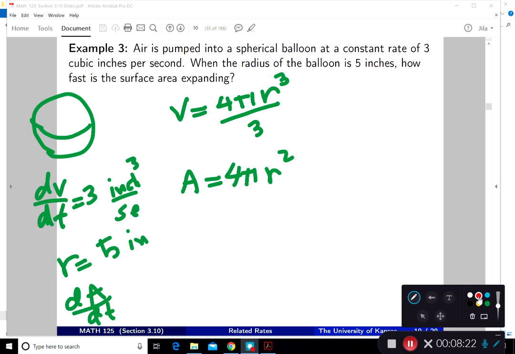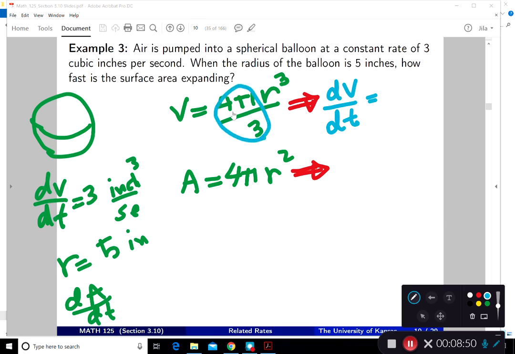Now, how do I use this piece of information? Let's try to take the derivative, the implicit differentiation of both. First one is giving me the derivative of V with respect to t is equal to, here, 4 pi over 3 is the constant coefficient, and then the derivative of r to the third, so it would be 3r squared.